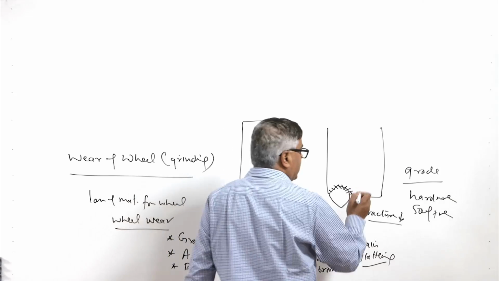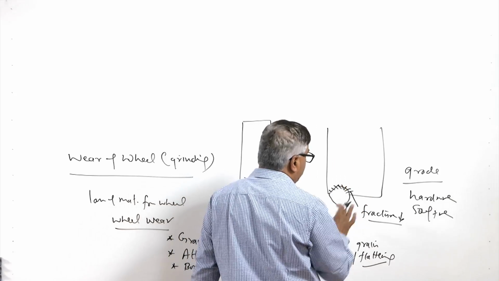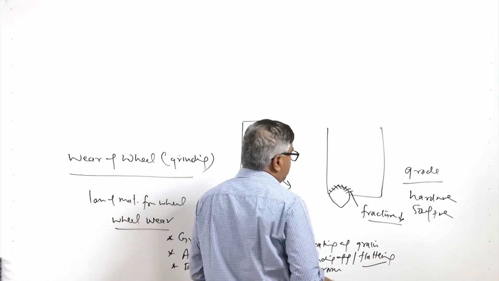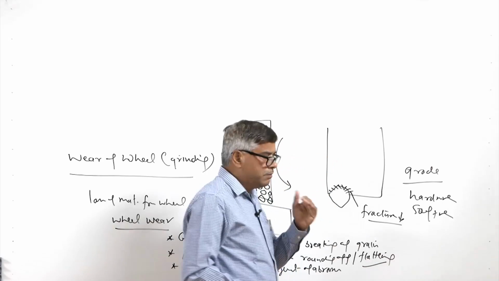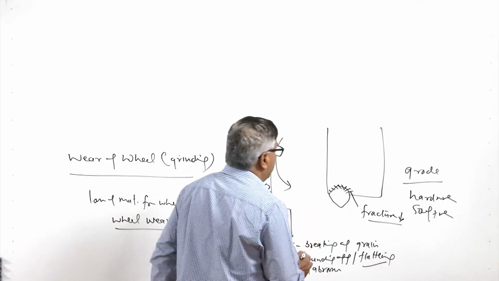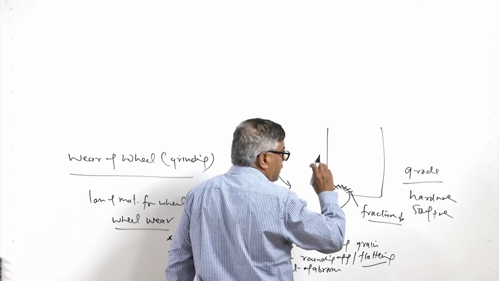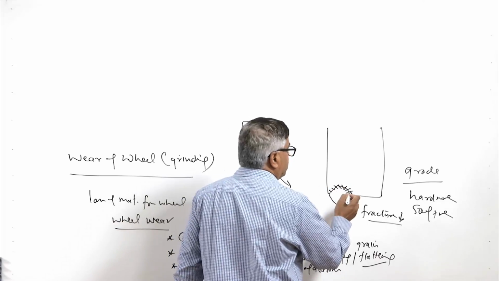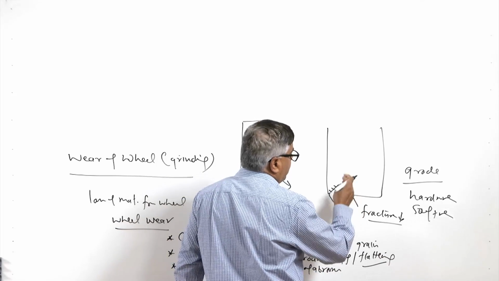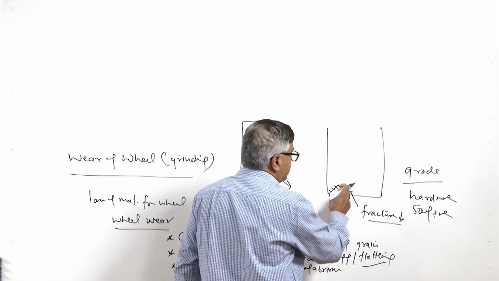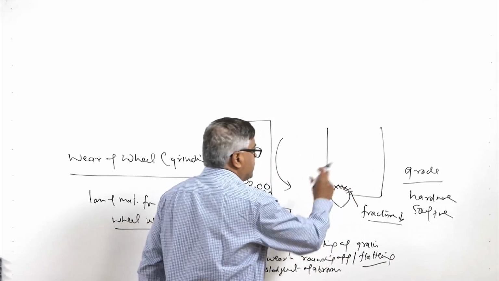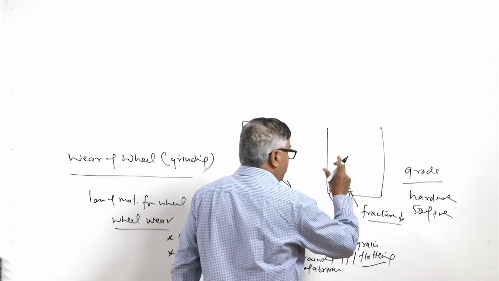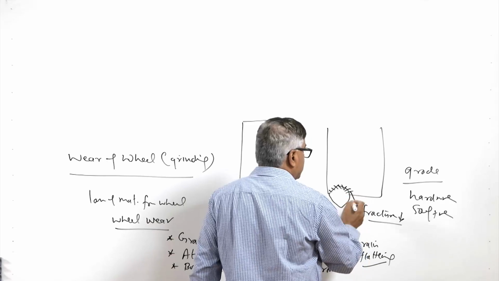On the other hand, if it is soft, then the bond between the abrasive and the bond material will be poor, and in that case the abrasive will have a tendency to get dislodged due to separation from the bonding material, because the bond between them breaks.